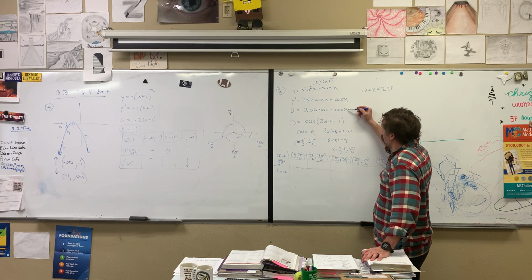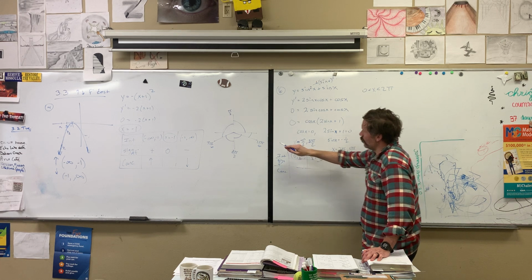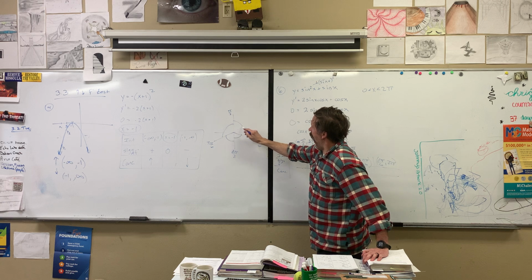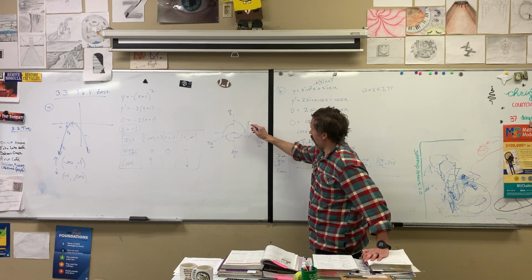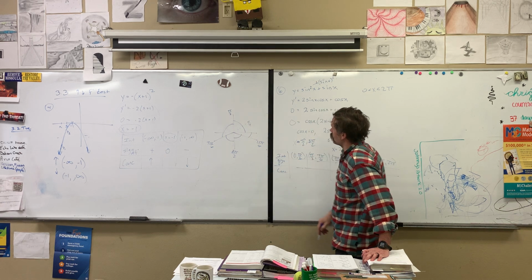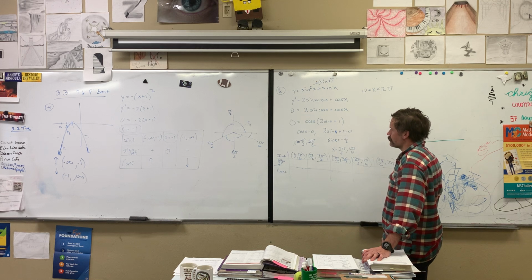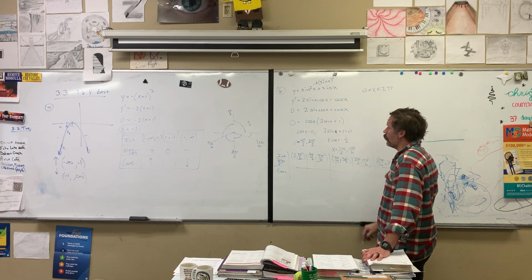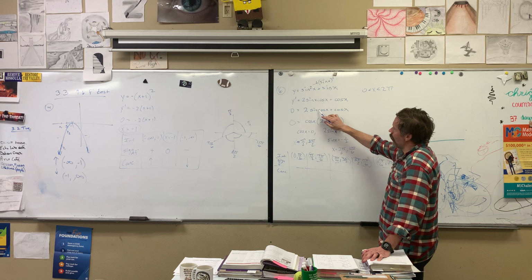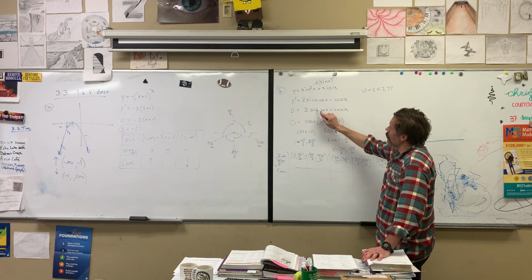If you look at a value between 0 and pi over 2, maybe a pi over 4, whatever, we know that at pi over 4, sine x is going to be positive, right?